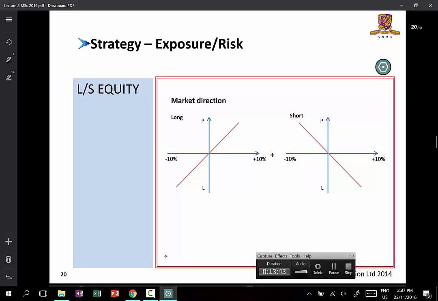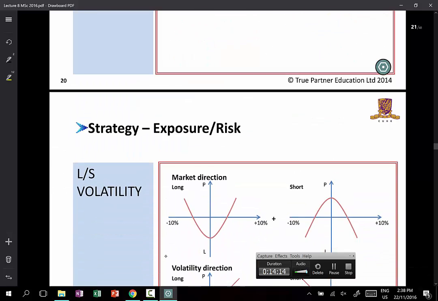These are just graphs telling you what is your profit and loss according to whatever is changing. So market direction means if you are long a stock, then as the stock goes up 10%, of course you have a profit. But if you are short, if the stock goes up 10%, then you have a loss. Okay. Now the diagram on the next page.